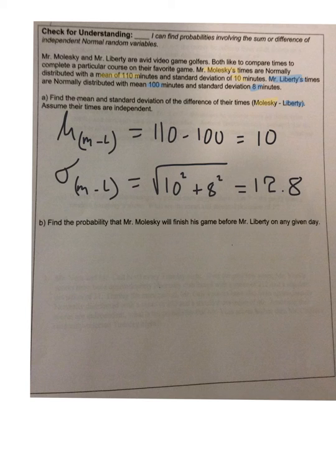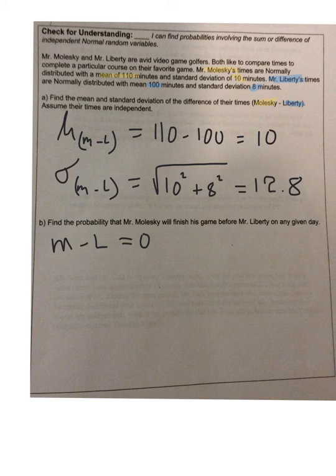Find the probability that Mr. Molsky will finish this game before Mr. Liberty on any given day. Okay, let's do this probability problem here. Now let's just think about this. If we take Molsky's time minus Liberty's time, well, if they finish exactly at the same time, it's going to be 0, right?